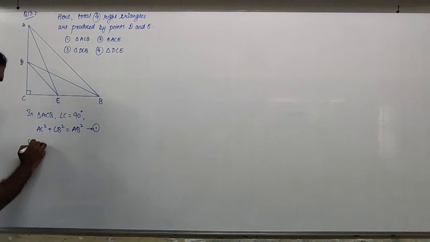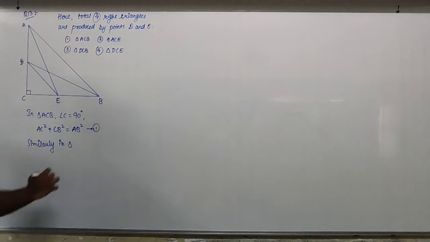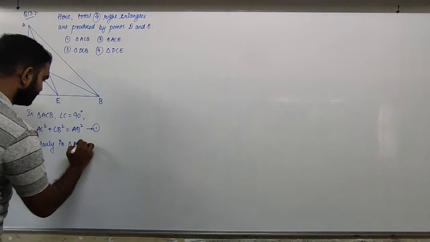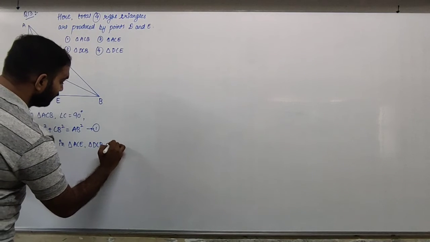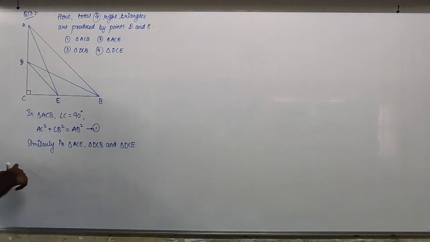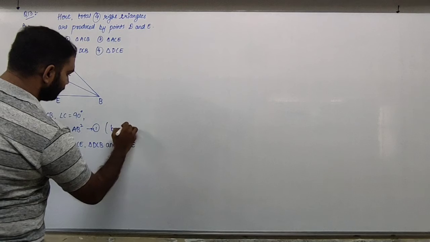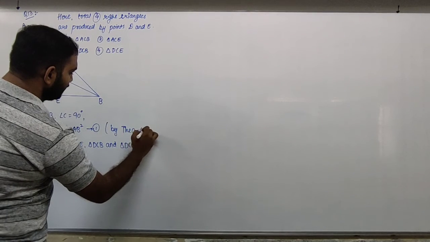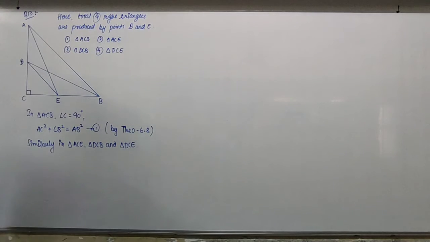Similarly, in triangles ACE, triangle DCB and triangle DCE. જો કોમન લખું અહીંયા લખી નાખું by theorem number 6.8. theorem 6.8 એટલે કે પાયથાગોરસ theorem.